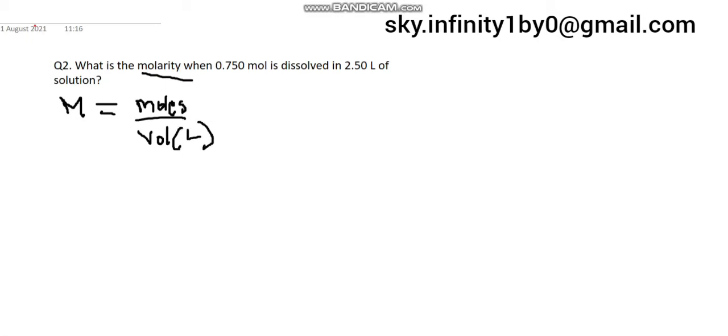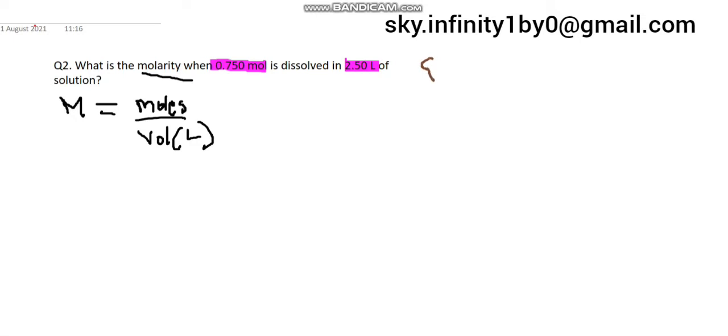Now let's see what is given to us in this problem. The number of moles given to us is 0.750 moles, and the volume is also given to us as 2.50 liters. So let's write what is given to us first.